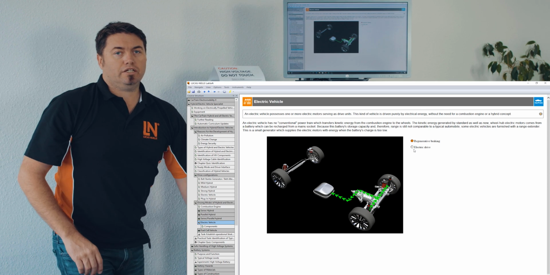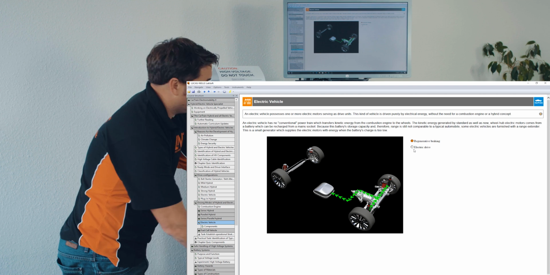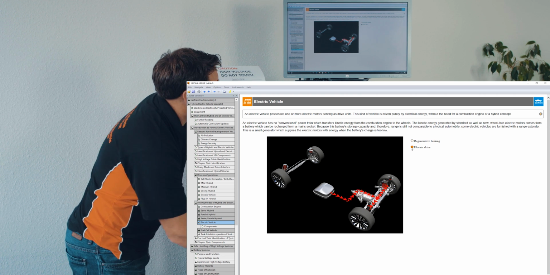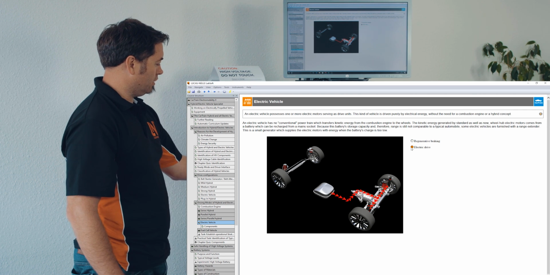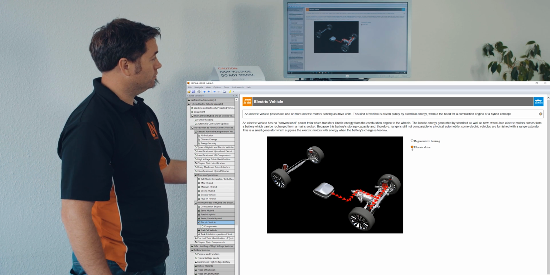If you look at an electric vehicle, as we mentioned, there's only two things that we can do here. We've got electric drive or regenerative braking, energy recuperation.